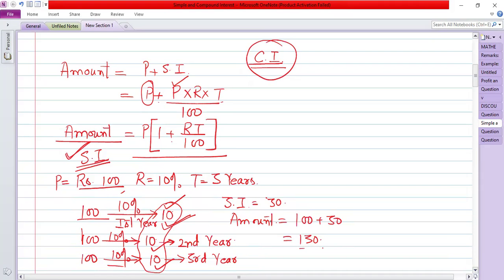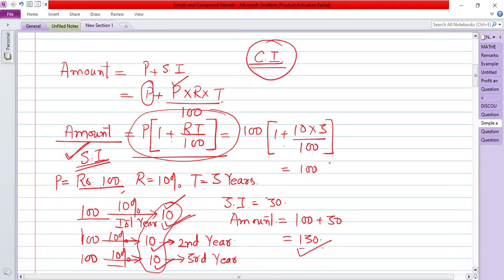And one can find this 130 if you use this formula. The principal amount was 100, the rate was 10, and the time T was 3, upon 100. So this 100 will cancel out, and we get 1 plus 3 by 10.